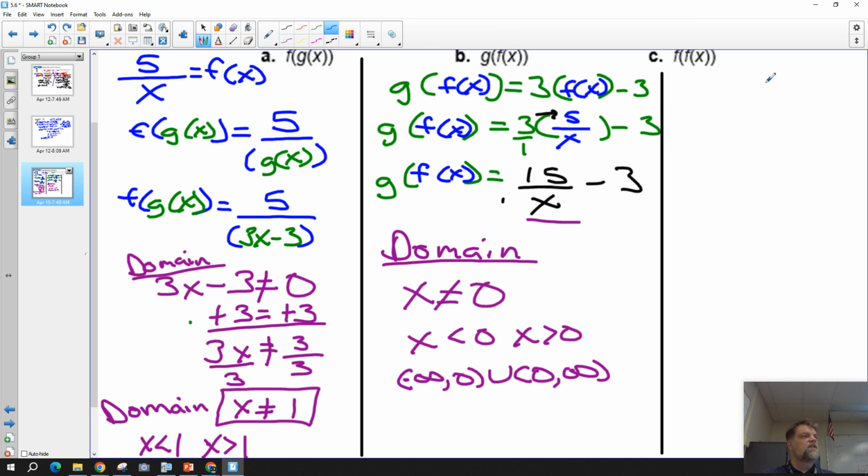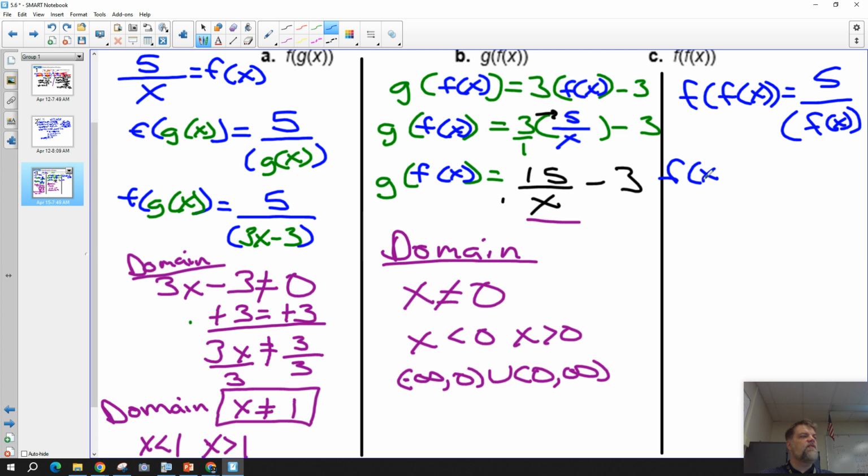Last one, we're going to do f of f. So what is f? Well, we know that f of x, this is funny. Normally it's 5 over x, but we're going to say 5 over f of x in parentheses. Now this one's going to be a little trickier because of the fractions, but that's okay.